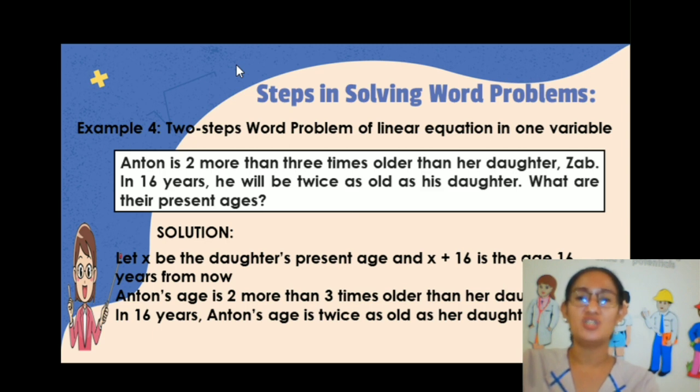Anton's age is 2 more than 3 times the age of his daughter, which is 3x plus 2. In 16 years, Anton's age is twice as old as his daughter, 2 times the quantity of x plus 16.